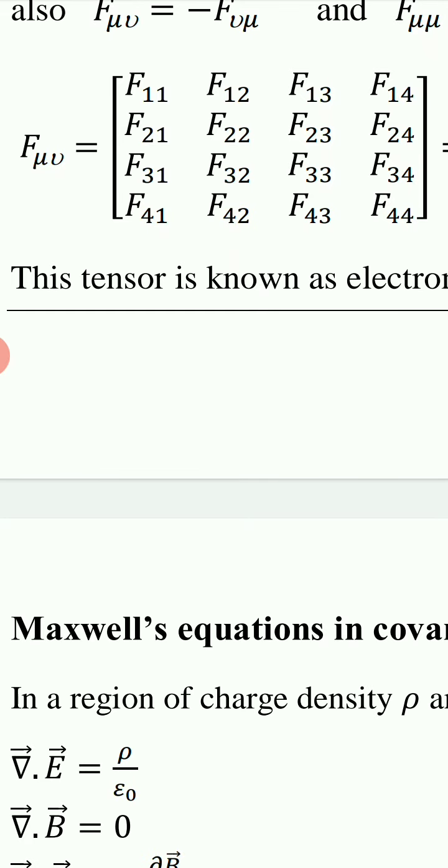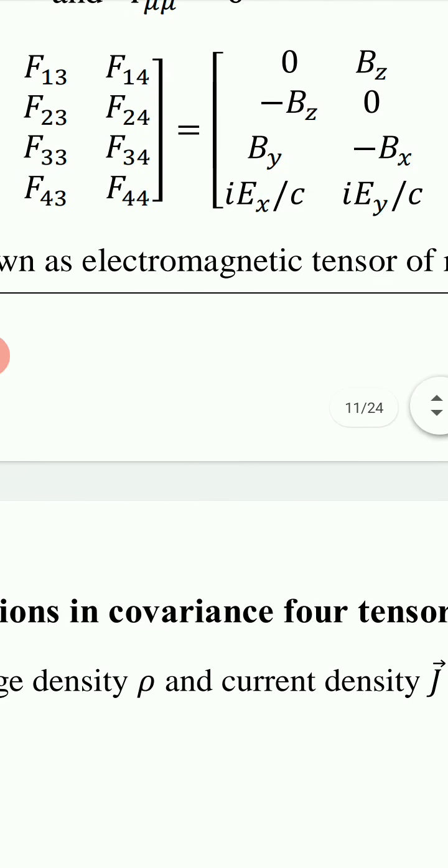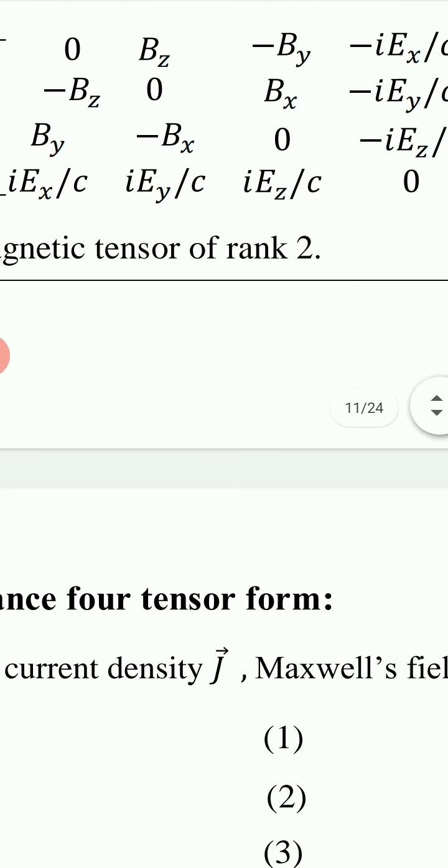These are the 16 components: F11, F12, F13, F14 in the first row, F21, F22, F23, F24 in the second row, F31, F32, F33, F34 in the third row, and F41, F42, F43, F44 in the fourth row. F mu nu having these 16 components is expressed by a 4 by 4 matrix.